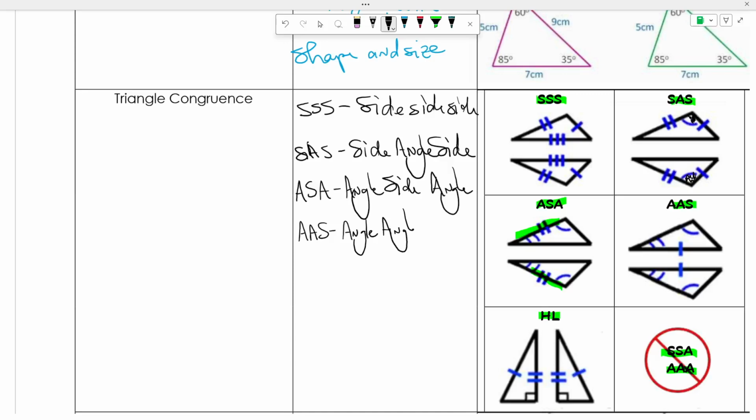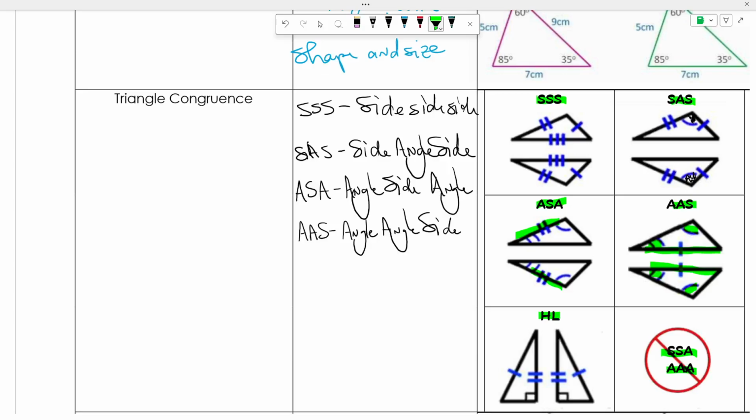Here, we have to pay attention to the orientation, that the angles match up this way, and then the side that is here has to be congruent in that order. Angle, angle, then the side. And those create congruent triangles.